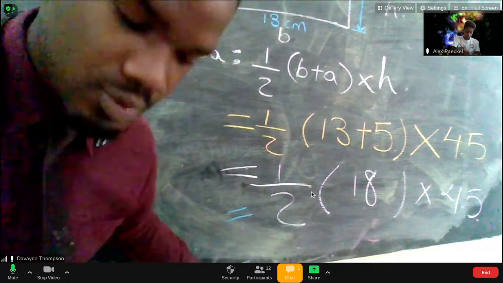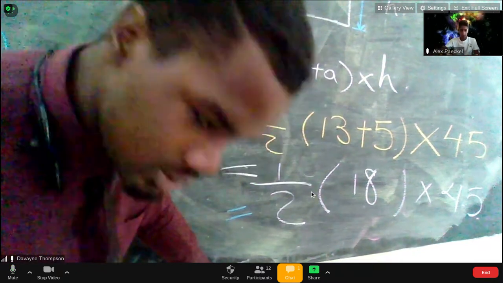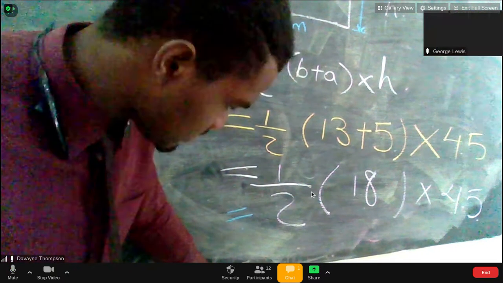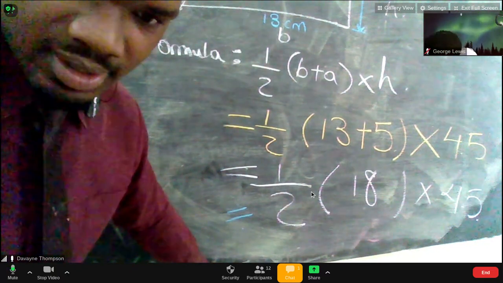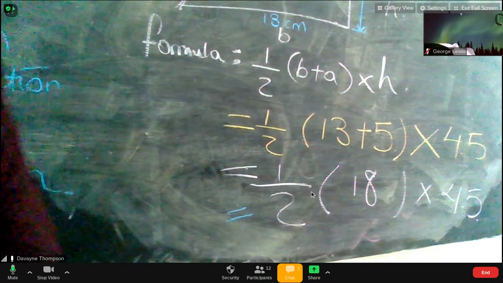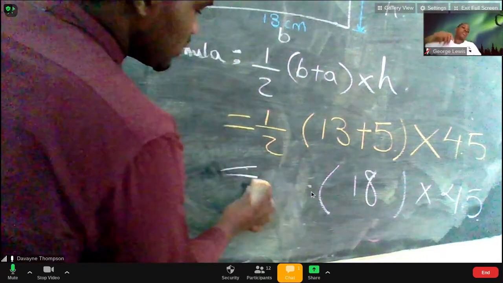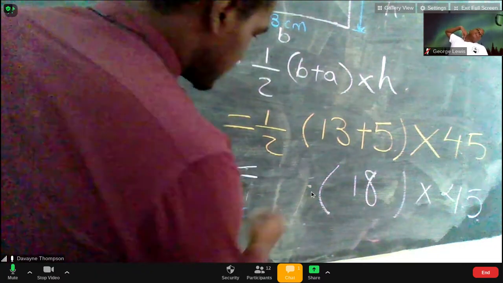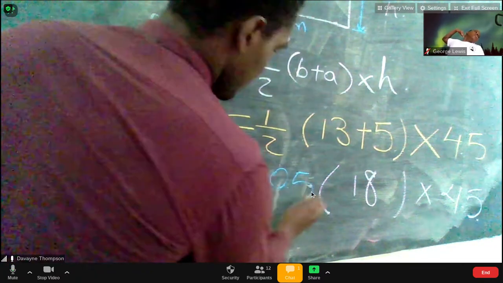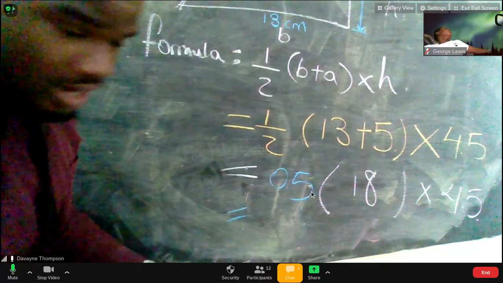What is 1 divided by 2? Isabella? A half. So 1 divided by 2 is the same thing as 0.5. You could put either and your answer would be correct.